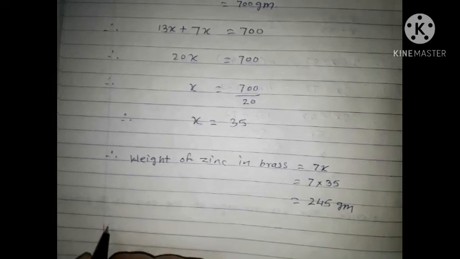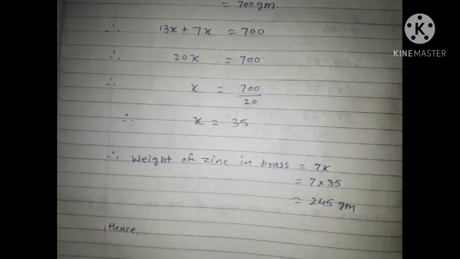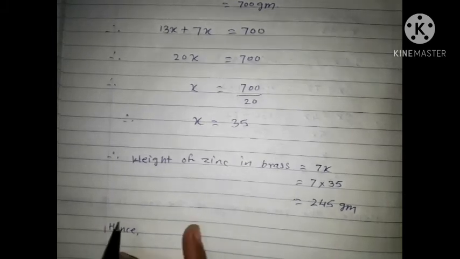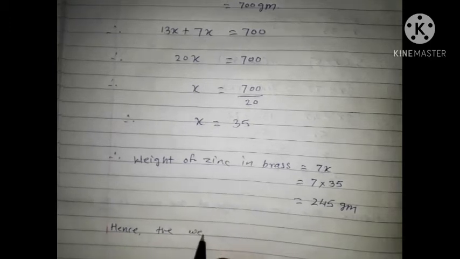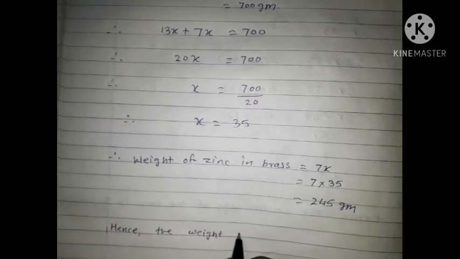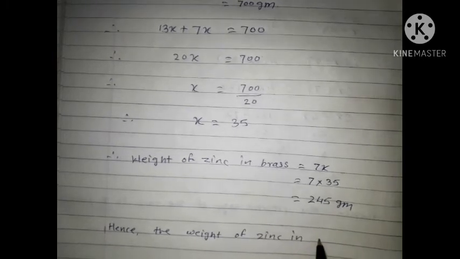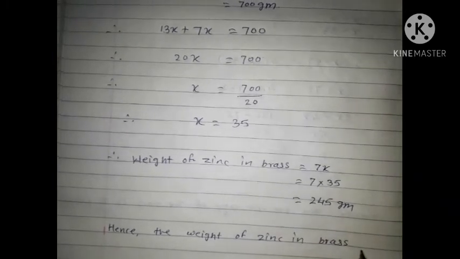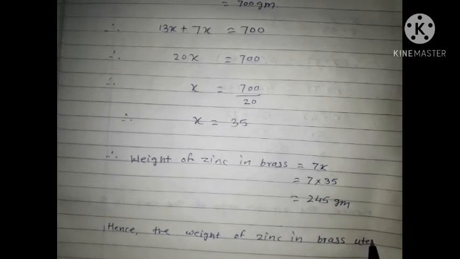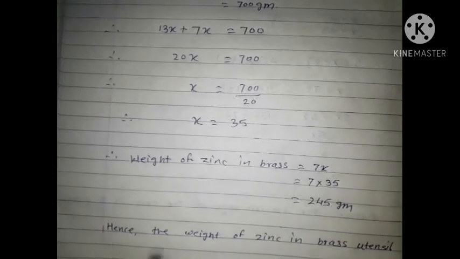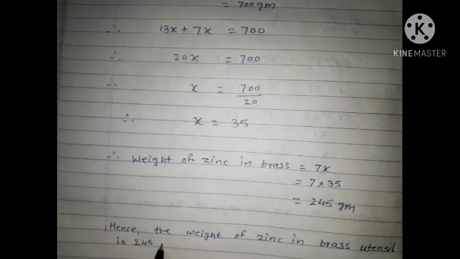Hence, we always write down the answer of a word problem in a sentence. Hence the weight of zinc in the brass utensil is 245 gram.